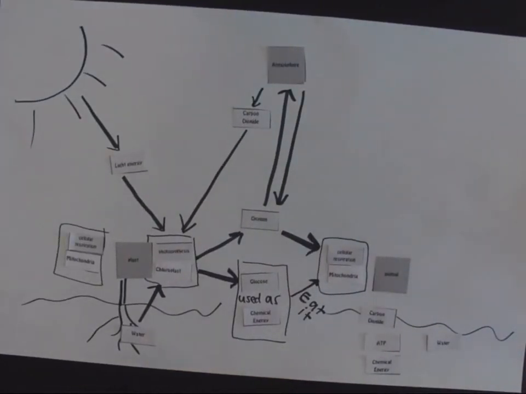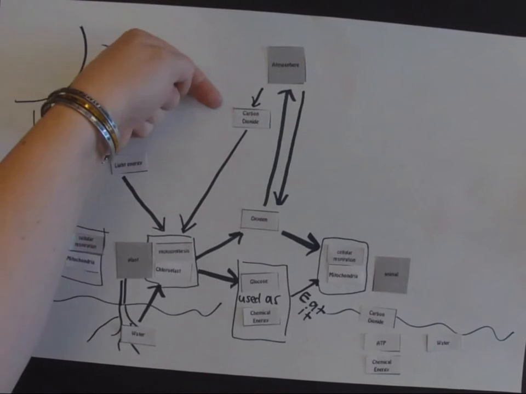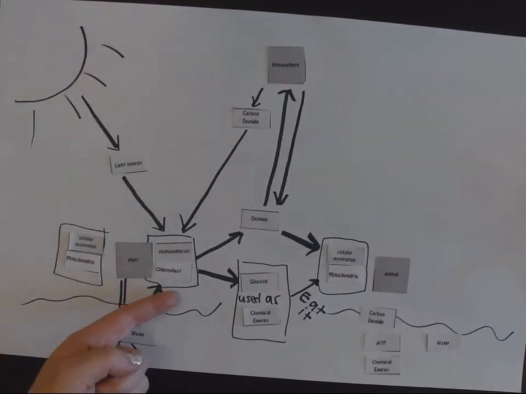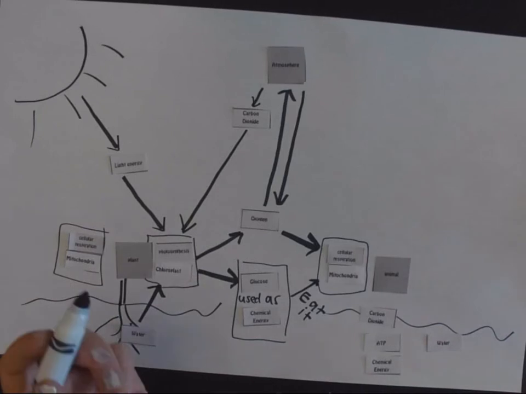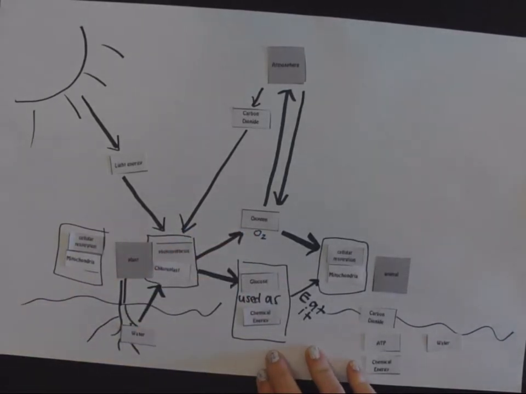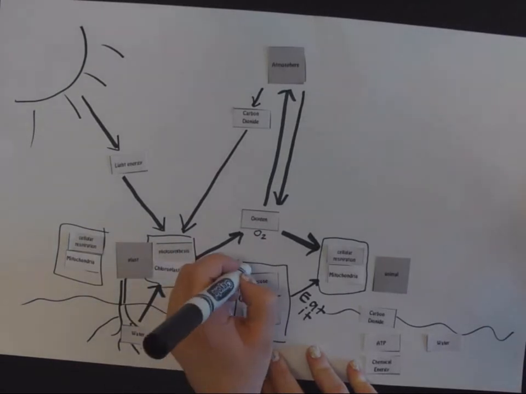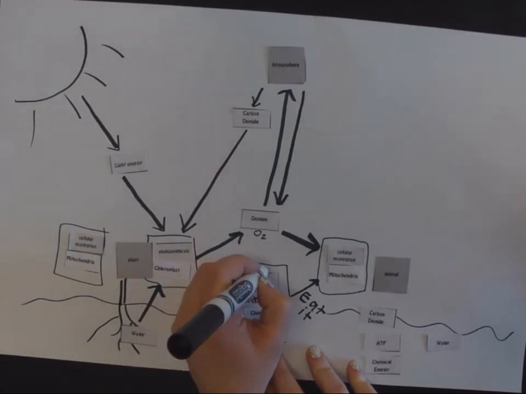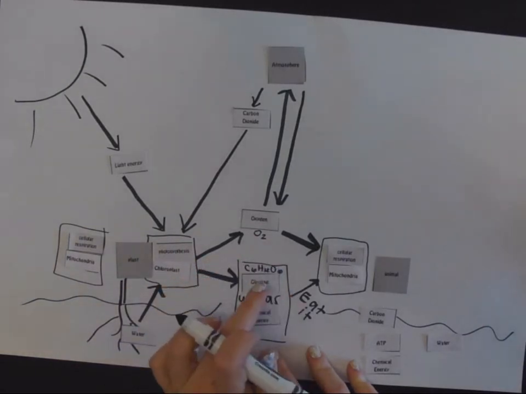So we've now tracked carbon in the atmosphere as carbon dioxide through photosynthesis. It's getting turned into what other carbon-containing molecule? Remember, oxygen gas is just O2, and glucose is C6H12O6.